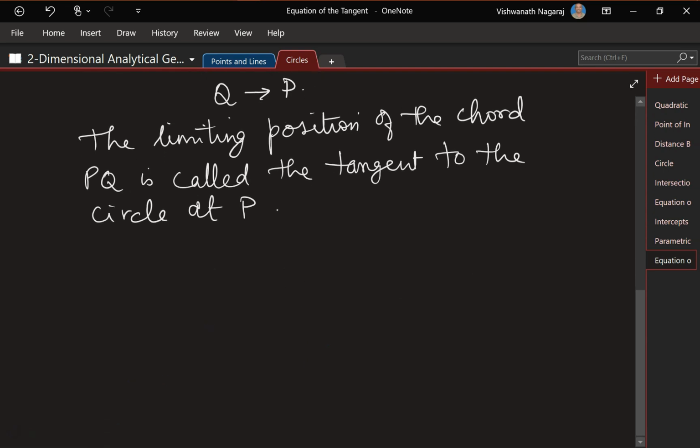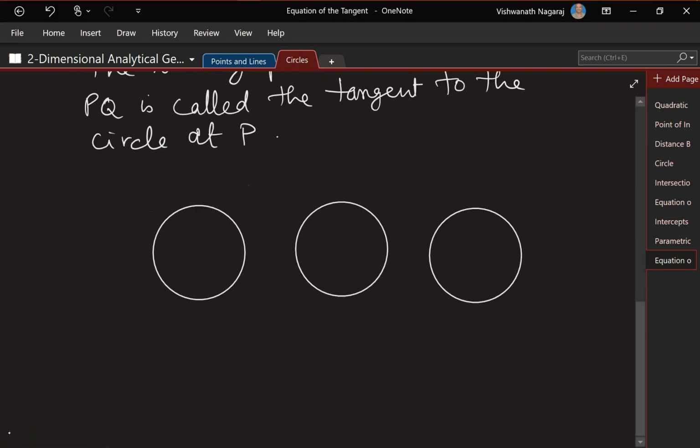Now another way of looking at it is, let's say these are the 3 circles with these centers. I want to have a line. So the possibilities are that the line goes outside, goes through inside, and just touches the circle.